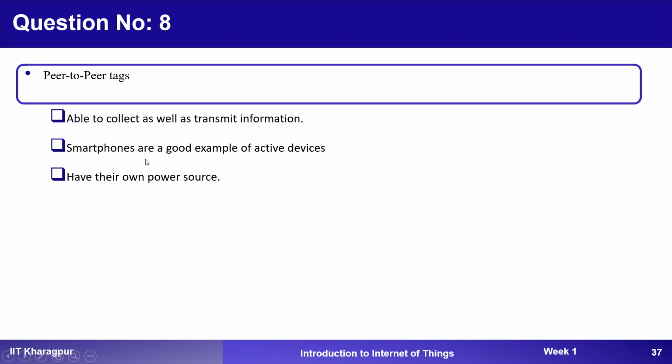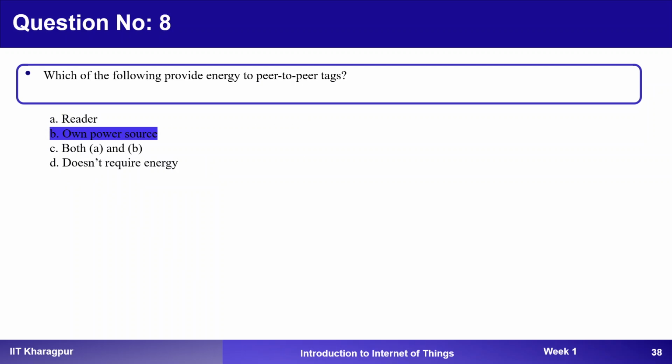Smartphones are a good example of active devices, because they can run for a large amount of time. Next question is the same question, and the correct option is that peer-to-peer tags have their own powerhouse.